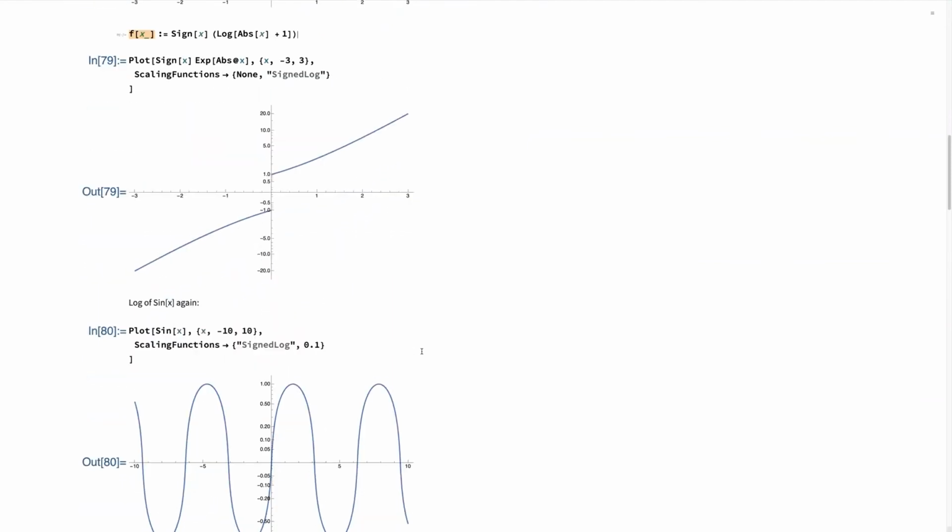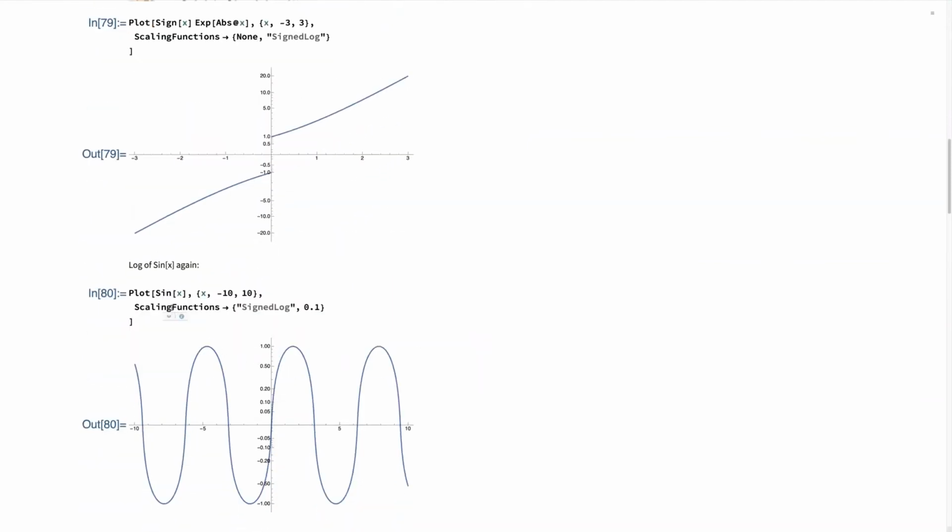Right. So now if we plot the signed log of sine x again, you can see the full sine of x can be scaled. And this scaling function also has a parameter. This is for you to specify where you want to emphasize the scaling function.